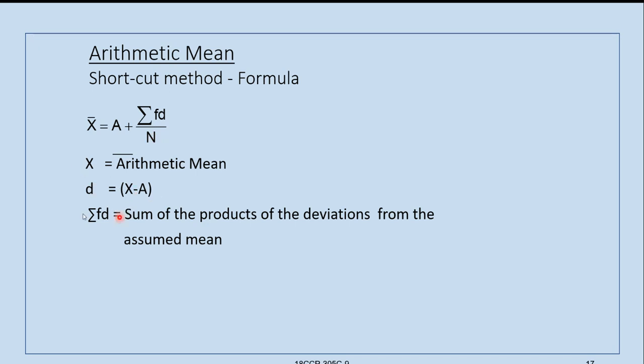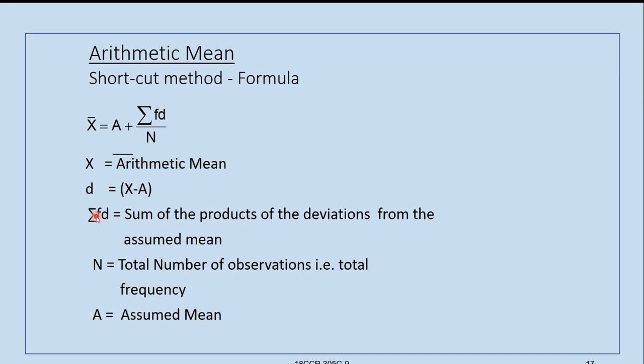Deviations are, as I said, capital X minus A, and sum of the products of the deviations from the assumed mean is sigma FD. That is total of the fourth column. And n is the total number of observations, that is sigma F, second column total, or it is also called n. A is of course assumed mean, as I said.